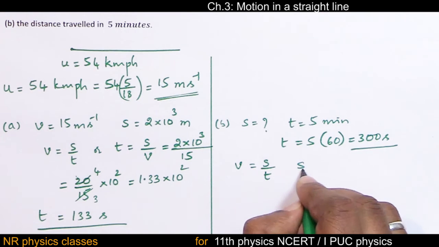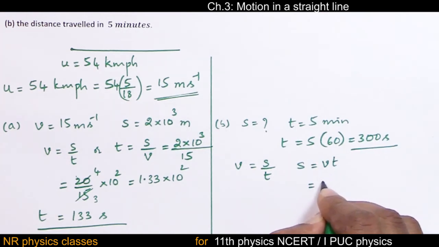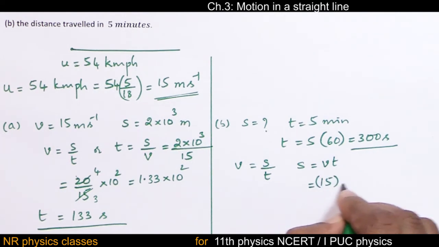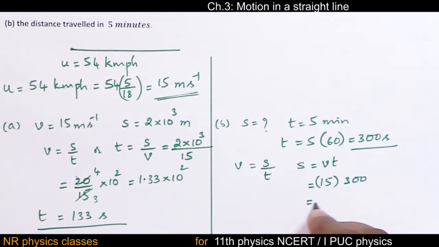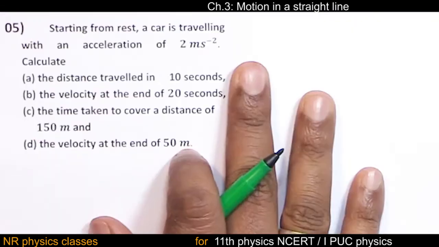Therefore, S equals speed into time. Speed is 15, time is 300. 4500 meter. So this is the displacement or distance traveled.